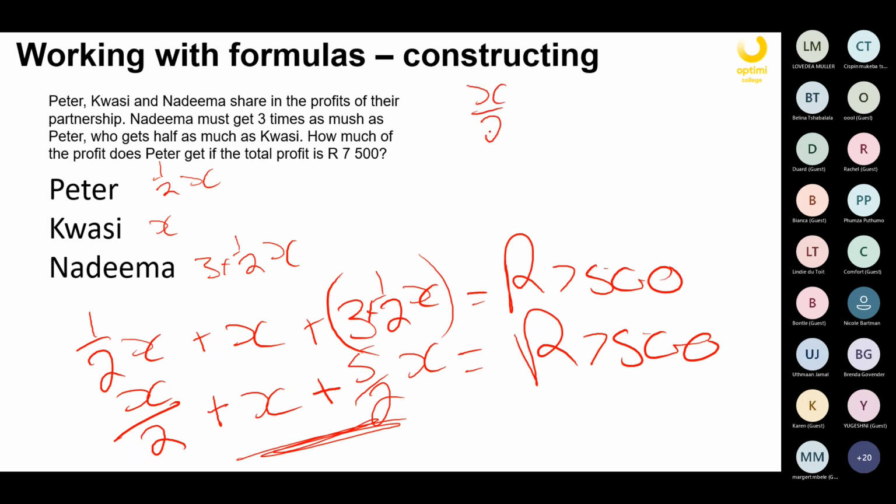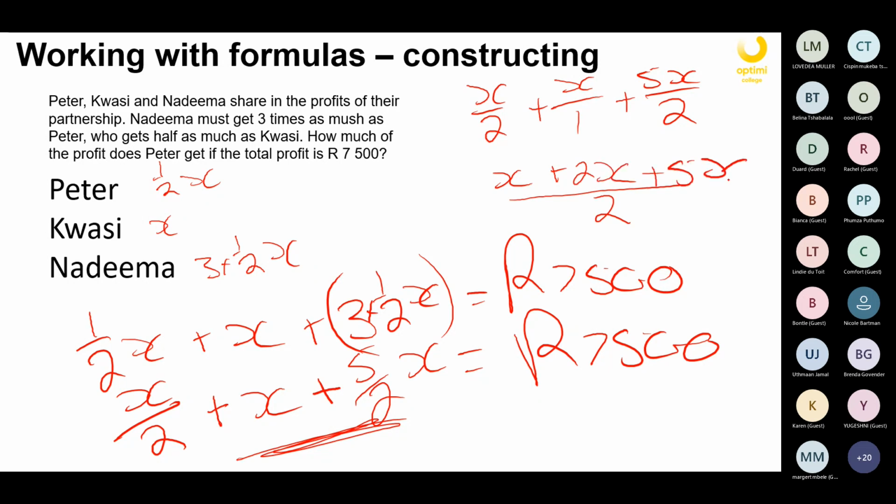X over 2 plus X over 1 plus 5X over 2. What's the common denominator? It's 2. So X plus 2X plus 5X: 1 plus 2 plus 5 is 8.